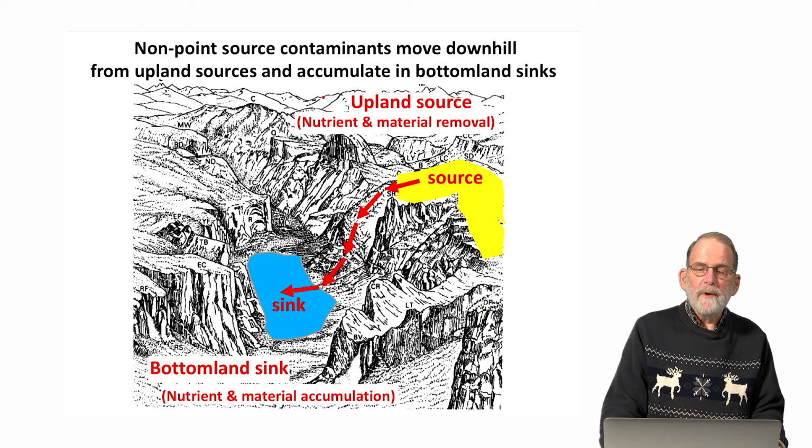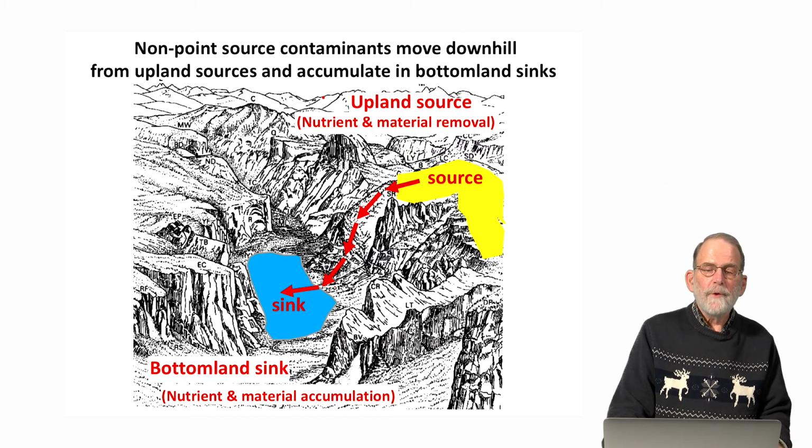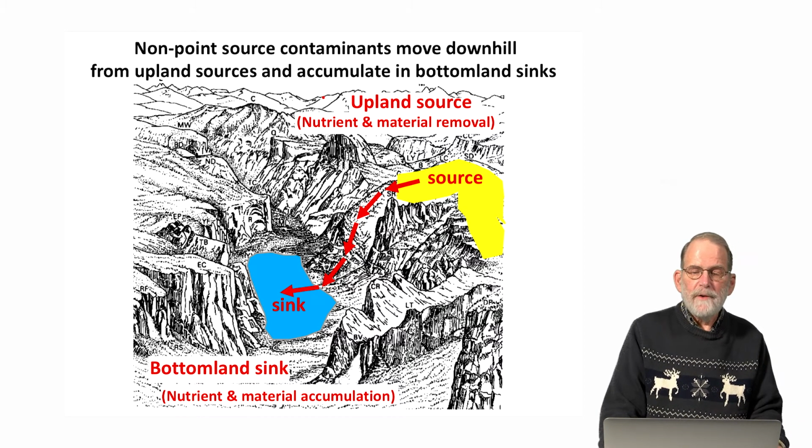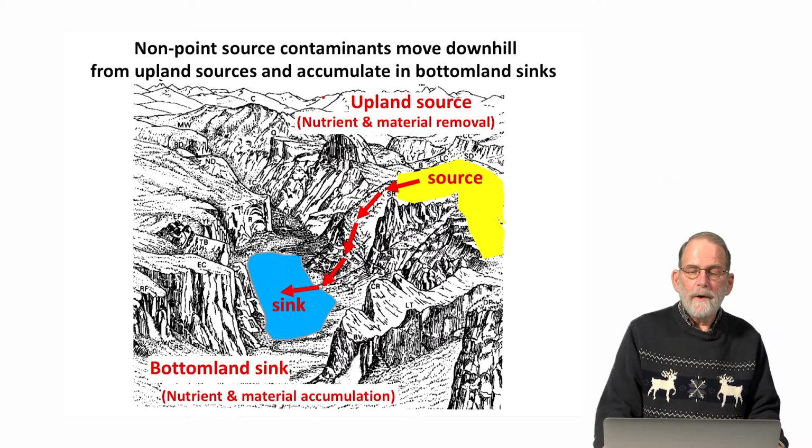Non-point source contaminants move downhill from upland sources, and they accumulate in bottomland sinks. In this diagram, we can see the yellow area representing conceptually an upland source area, some kind of contaminant source. That contaminant is moving from the upland source area into a bottomland sink.